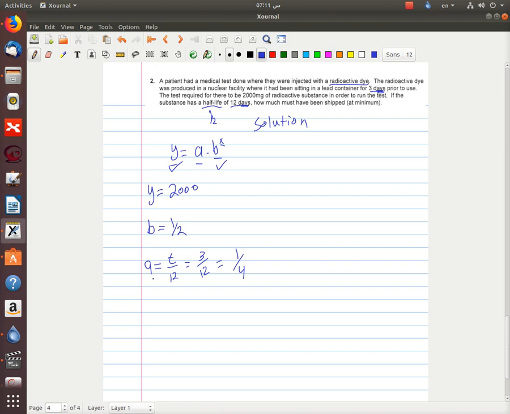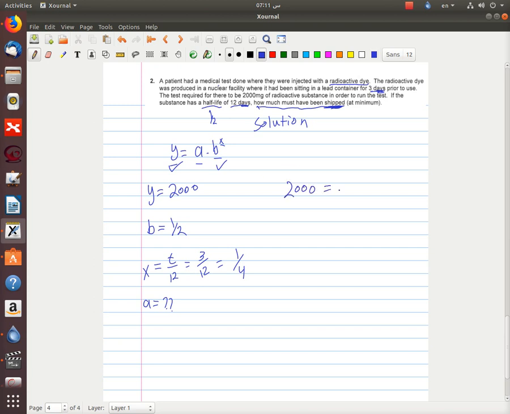Oh, I'm sorry, it's not a, it's x, it's the exponent, sorry, it's x. What we need, how much must have been shipped, the shipped amount. So a is what's missing. So simply we're gonna plug the numbers in.